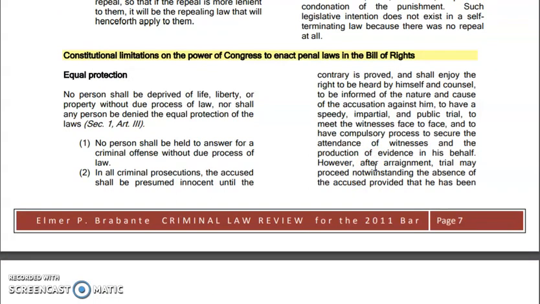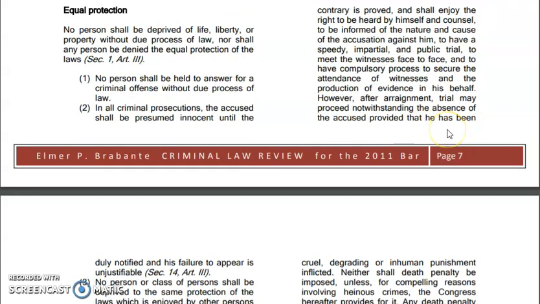Remember that the Bill of Rights, as enshrined in the Philippine Constitution, is very, very important in the discussion of the powers of the Congress insofar as their ability to enact a penal law. First is the equal protection.